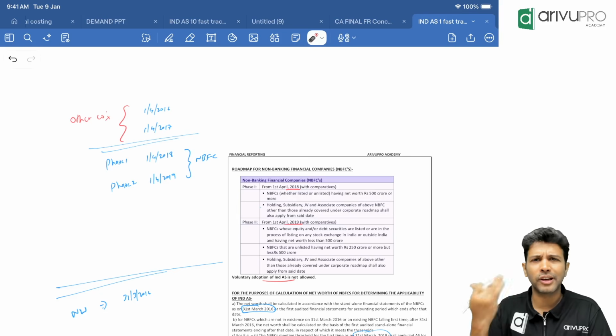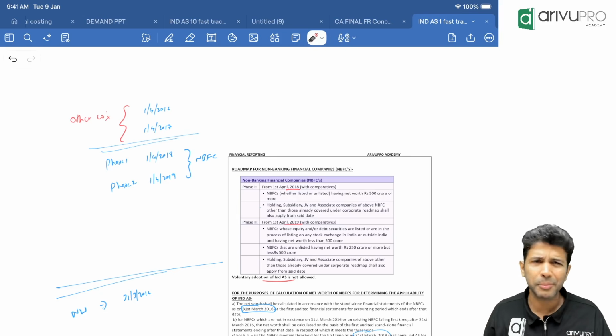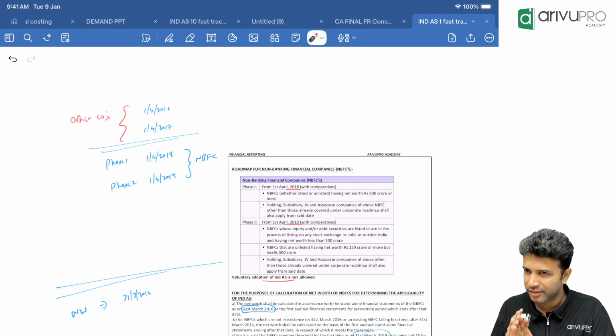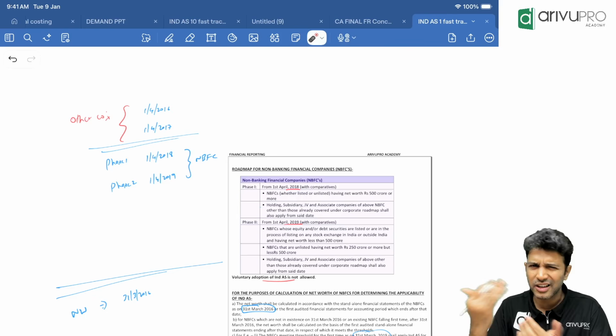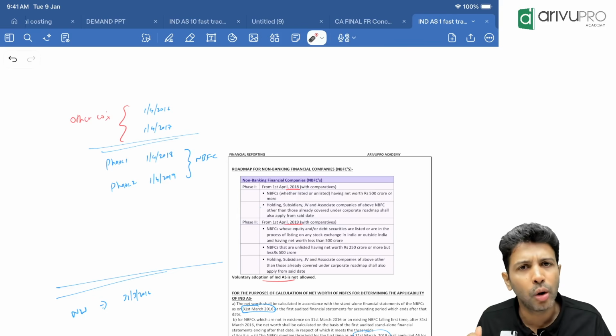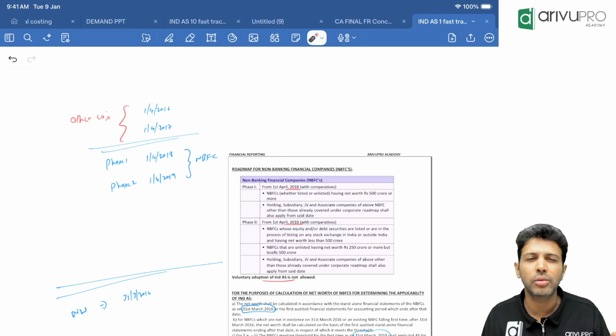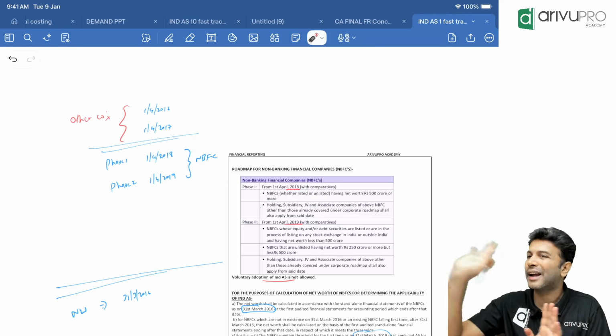Some NBFCs also accept deposits, right? But in an NBFC you can't open a savings account and all. They can't do that. But otherwise, accepting deposits and giving out loans is the main business of an NBFC. So in terms of operation, they are similar to a banking company.